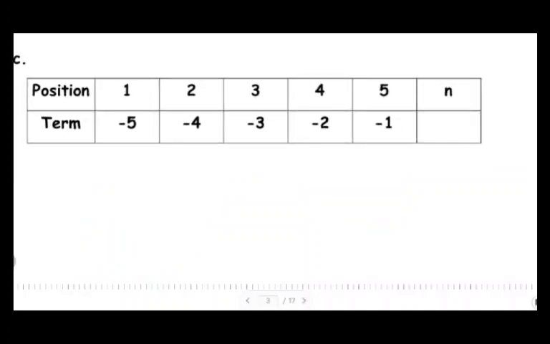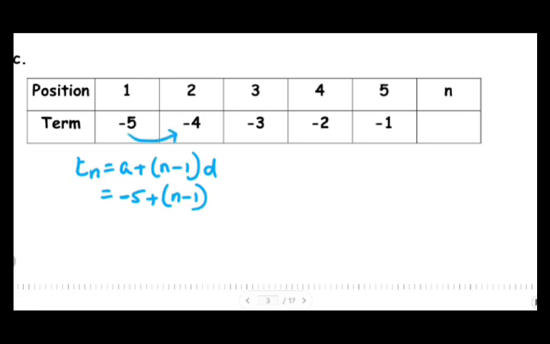What's my third sum? Tn = a + (n - 1)d. a is -5, plus (n - 1). What's my d? My number is increasing. Yes? So it's going to be a positive one.